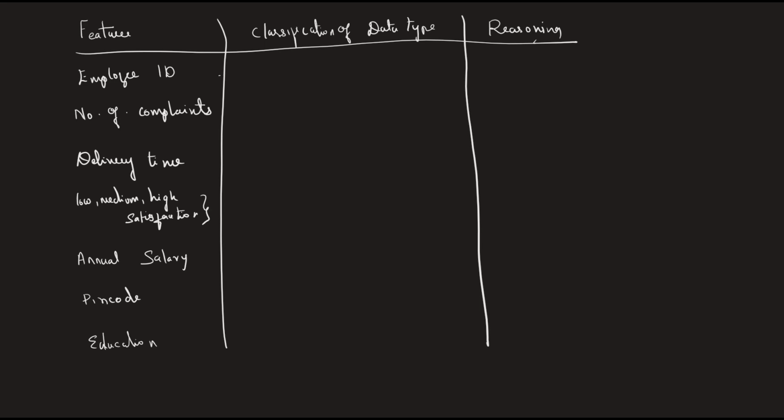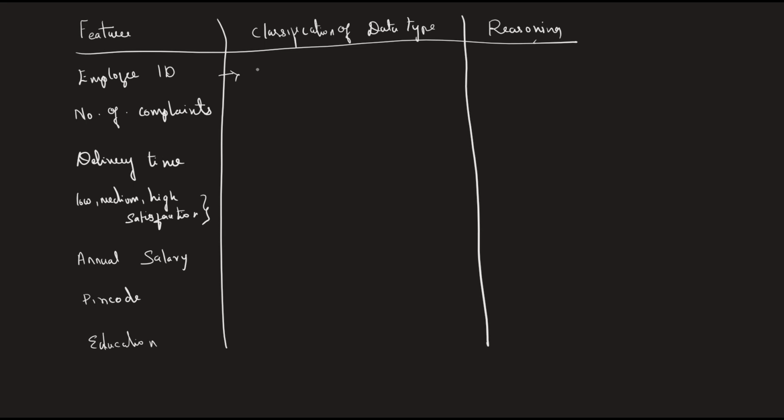So, employee ID. If you think about employee ID, what comes into your mind? It might be 1, 2, 3, or any sequence of numbers. So they are all numbers, but we should ask whether we can apply any arithmetic operation on it. Can I ask what the average employee ID is? Does it give any meaningful interpretation?